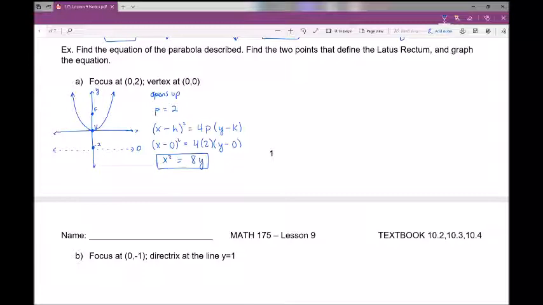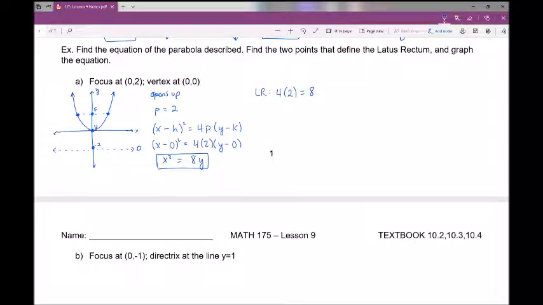So let's think. Our focal diameter is again that focal chord that cuts through F. So let's find those 2 points. We know the total distance of the latus rectum will be 4p, which is 4 times 2, which is 8.